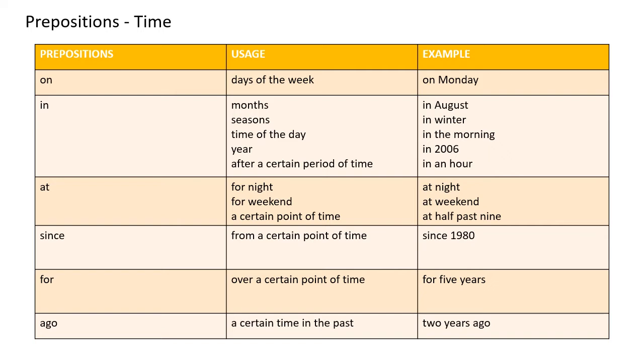Let's observe the prepositions of time. On. On is used with the days of the week, like on Monday or on Tuesday and so on. In is used with months, the seasons, the time of the day, year, after a certain period of time, like in August, in winter, in the morning or in the evening, in 2006, in an hour or in a minute.